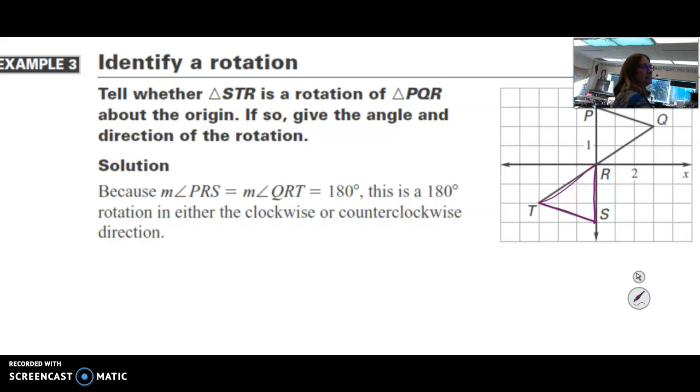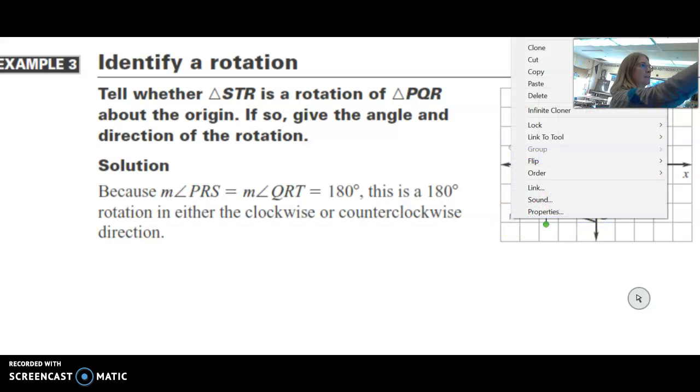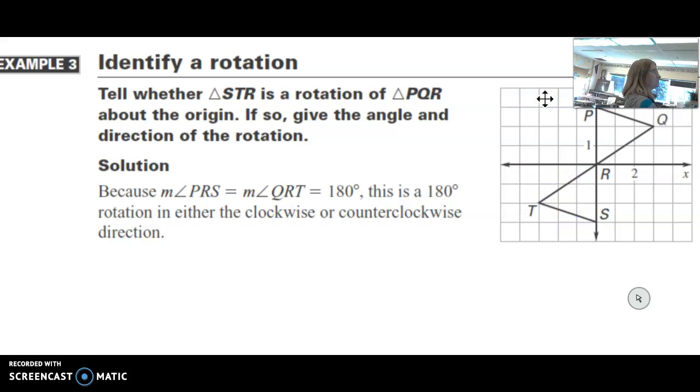If I rotate this triangle 180 degrees about that point, let me try to do that again. I'm going to draw that figure over.